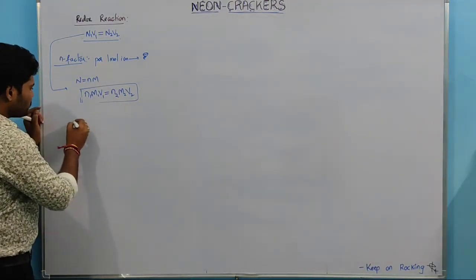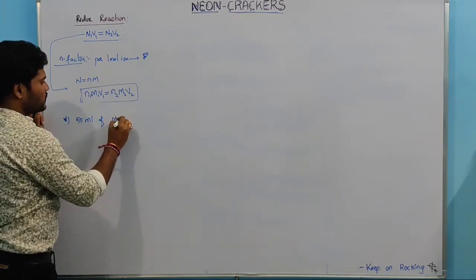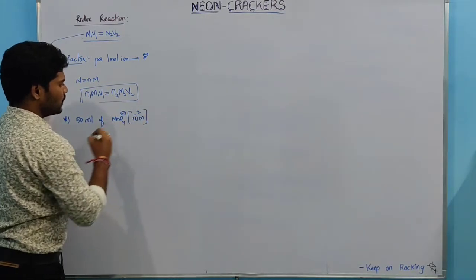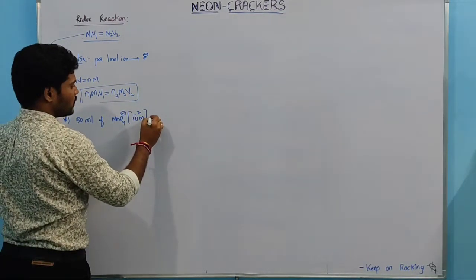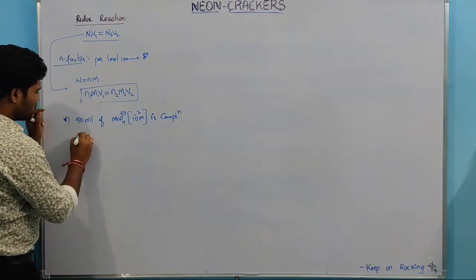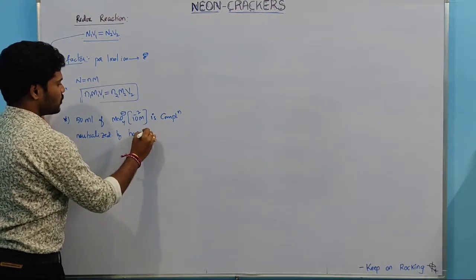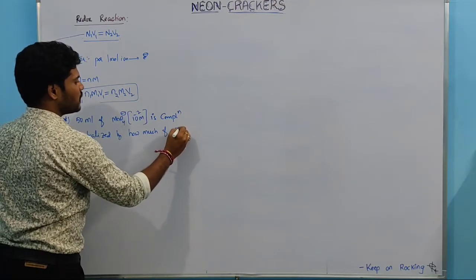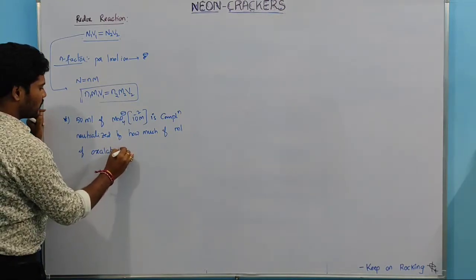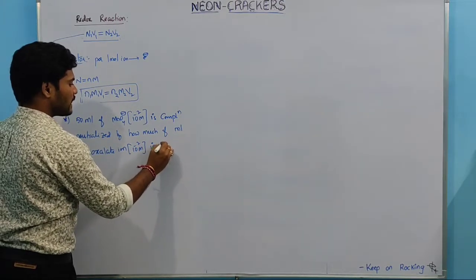So let's see one question: if 50 ml of permanganate, whose concentration is 10 to the power of minus 2 molar, is exactly or completely neutralized by how much ml or volume of oxalate ion, whose concentration is also 10 to the power of minus 2 molar, in acidic medium.